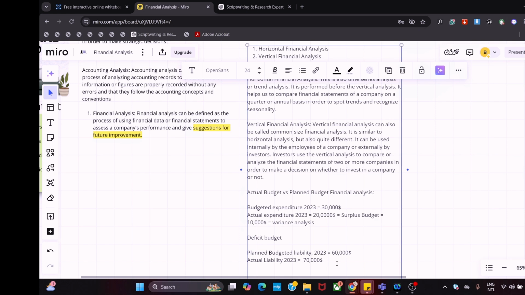There's another type of budget we call the balanced budget. Let us go ahead and play this one.